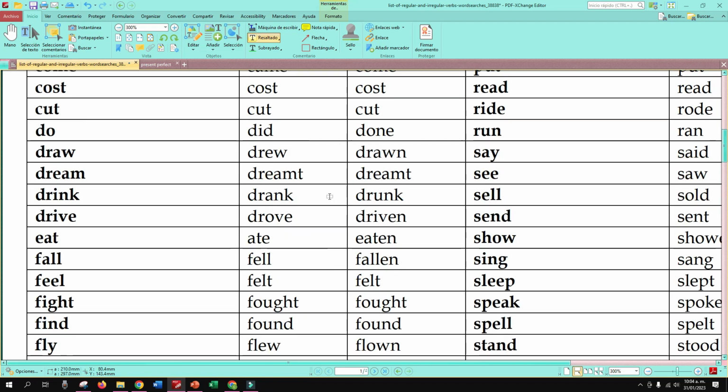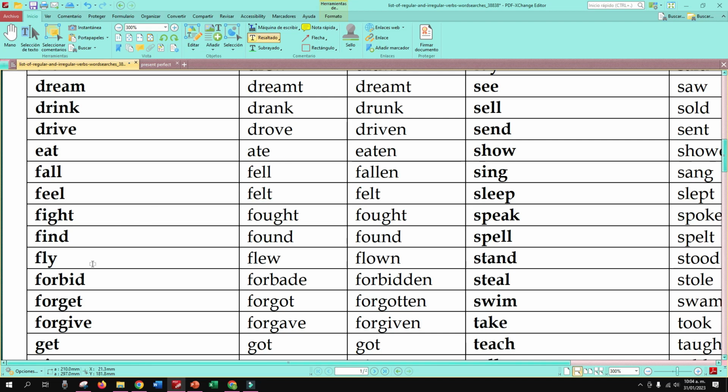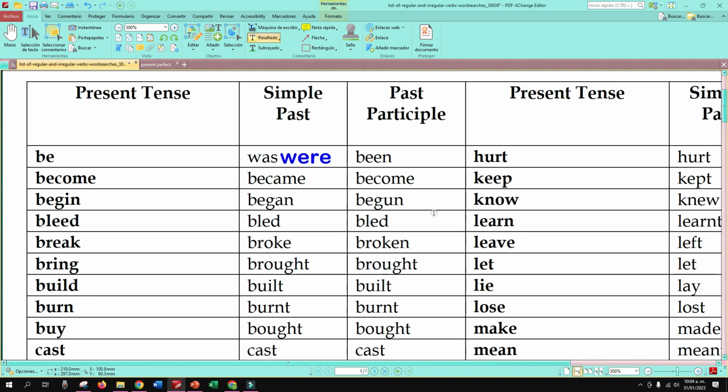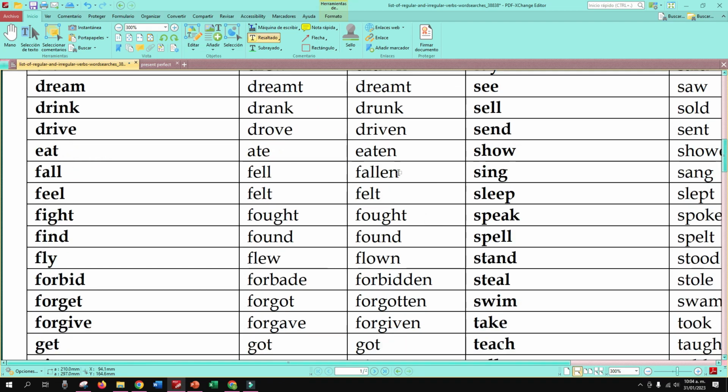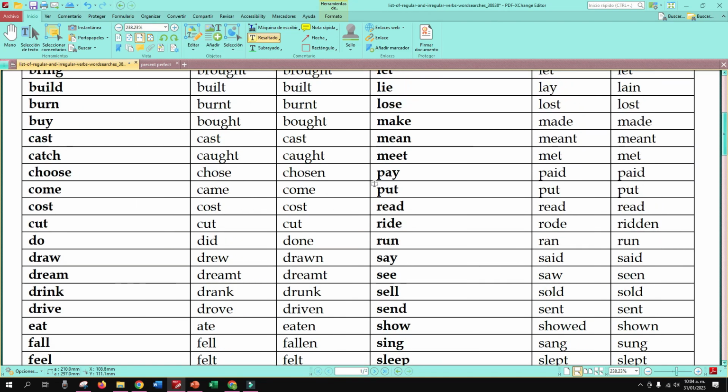I will send you this list for you to check them. Fly, flew, flown. Forgive, forgave, forgiven. That is the past participle. You are going to use this column, the past participle, to make sentences, questions, or to talk about present perfect. Those are the irregular ones.